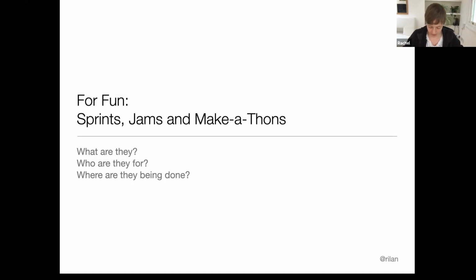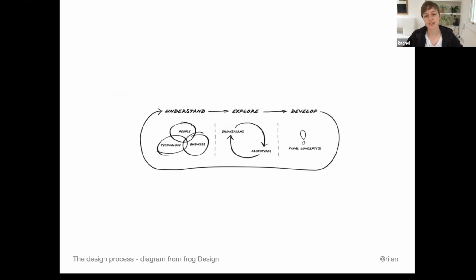So I think what's important here is that all of these structures, whether it's a design jam, a make-a-thon, a hackathon, whatever other names you've heard, they're really all this pretty similar process. I'm a little remiss, I'm in London today, and I'm not showing the double diamond, but there are a lot of different ways of drawing this diagram, right? Starting with developing an understanding of the people, the technology, and the business, the framing of the problem itself, exploring the problem more in depth.